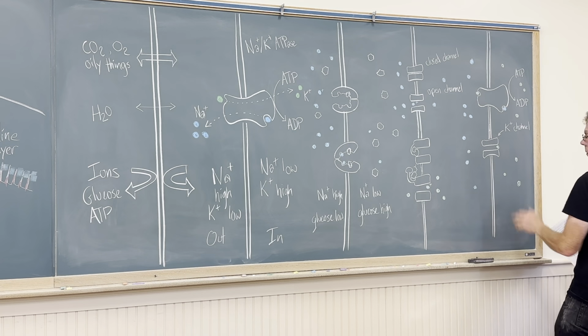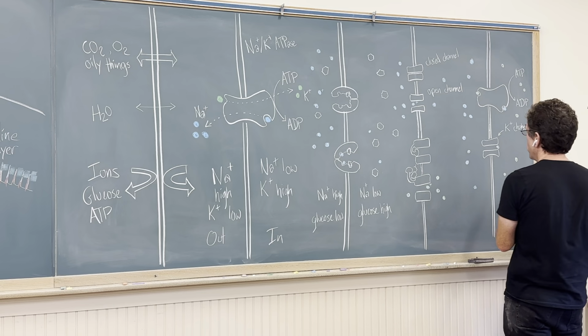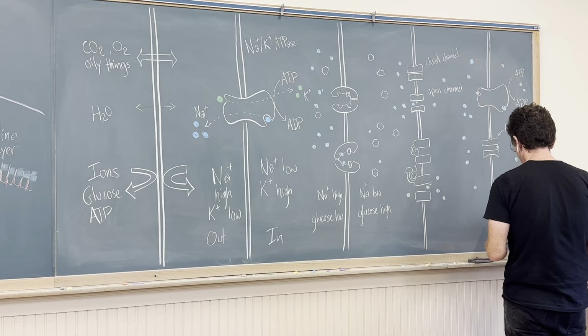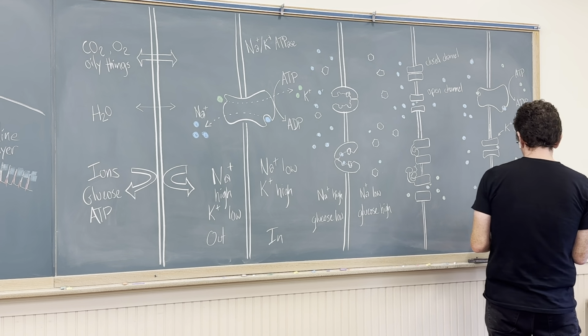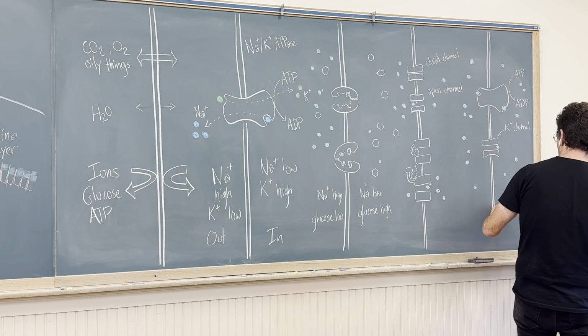But as it does so, it's leaving behind a slight excess of negative charge in the cytoplasm, which leads to a membrane potential, which in a resting cell is something like, well, it varies, but we'll just use the ballpark value of about 70 millivolts.